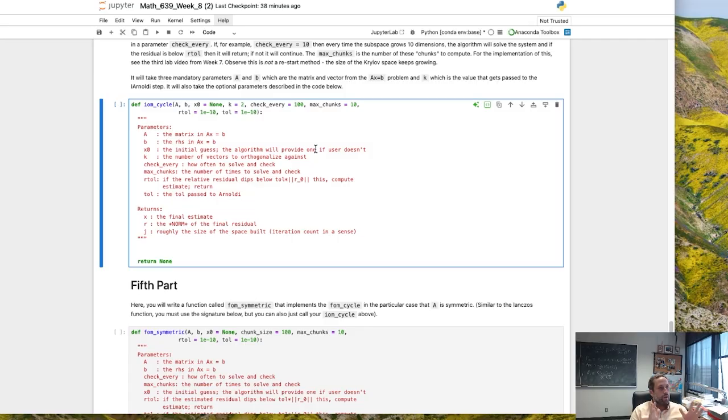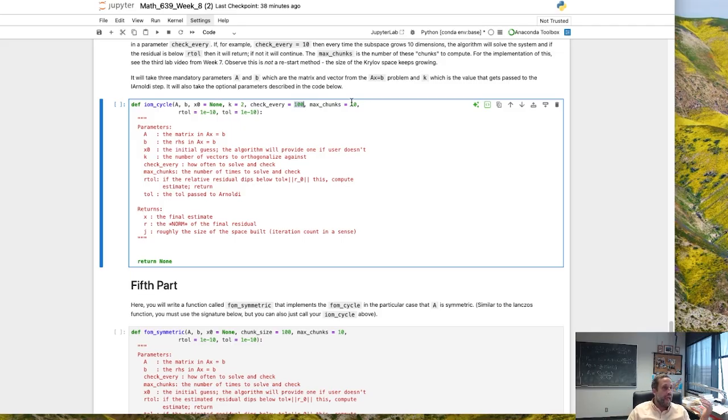So what we're doing in this method with the check every and the max chunks is, every 100, each time we grow the size of the subspace by 100, we're going to solve the problem. If that's within our tolerance, we're going to just exit and return what we have. If it's not within our tolerance, we're going to do another 100 dimensions, and so on.